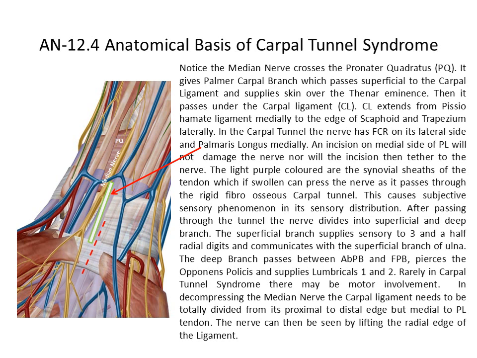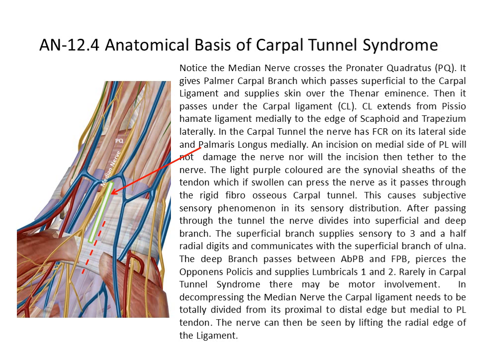The superficial branch supplies sensation to 3.5 radial digits and communicates with the superficial branch of the ulnar nerve. The deep branch passes between the abductor pollicis brevis and flexor pollicis brevis, pierces the opponens pollicis, and supplies lumbricals 1 and 2. Rarely in carpal tunnel syndrome, there may be motor involvement also.